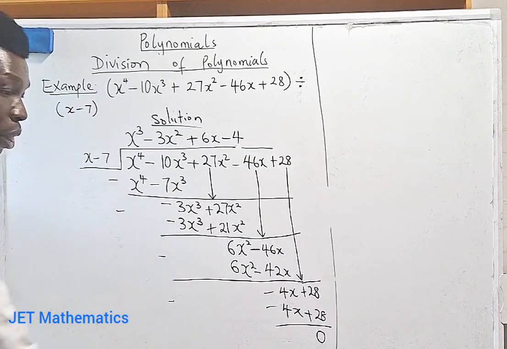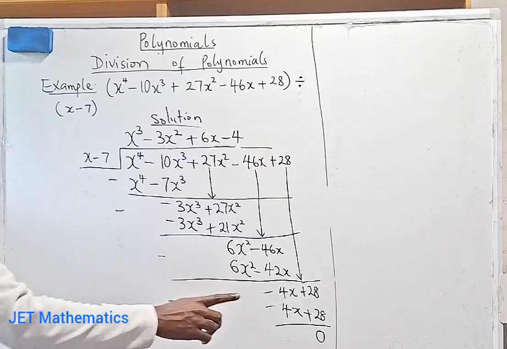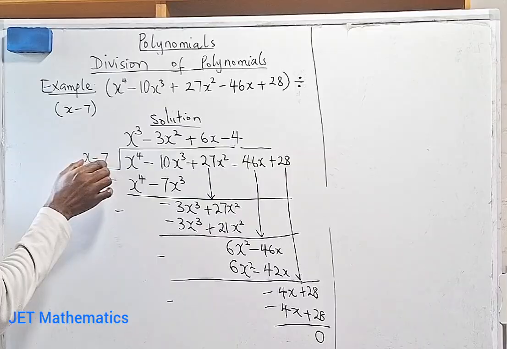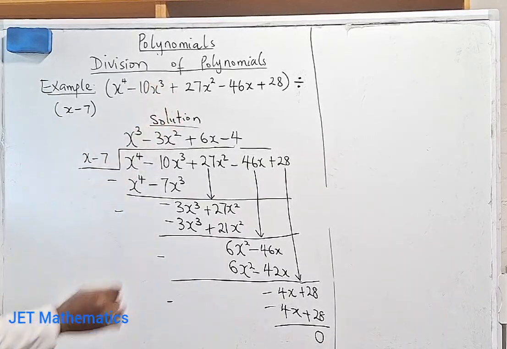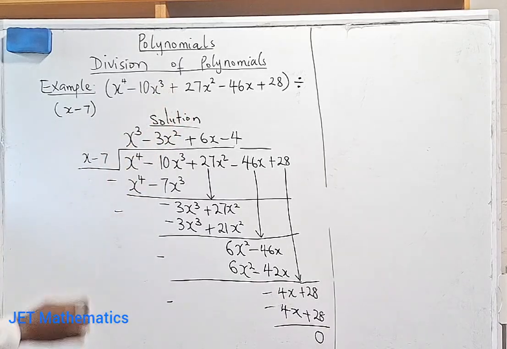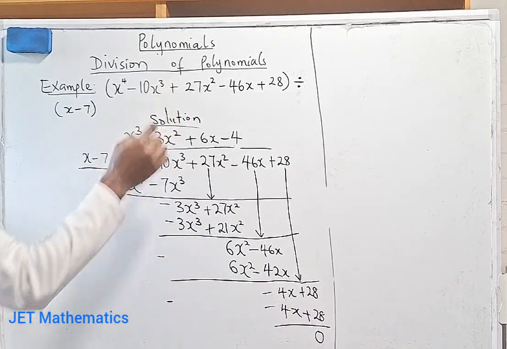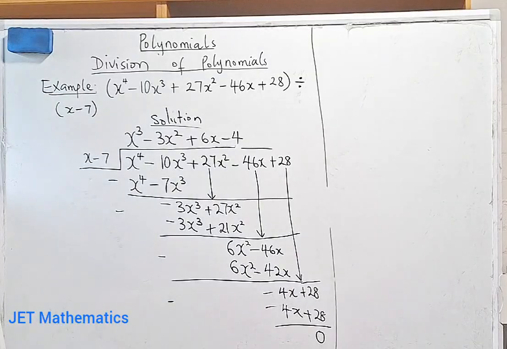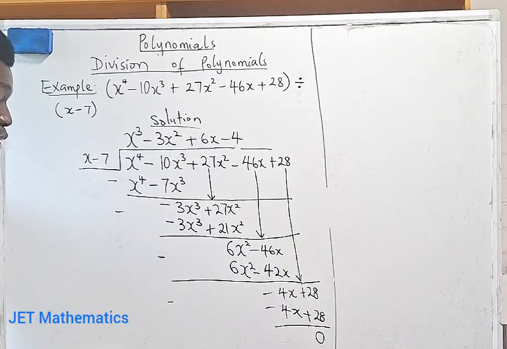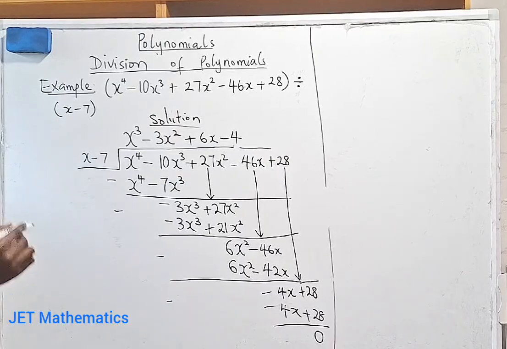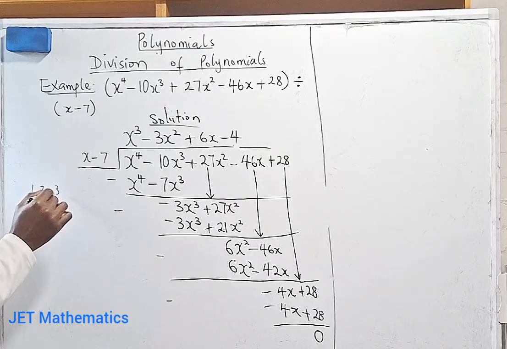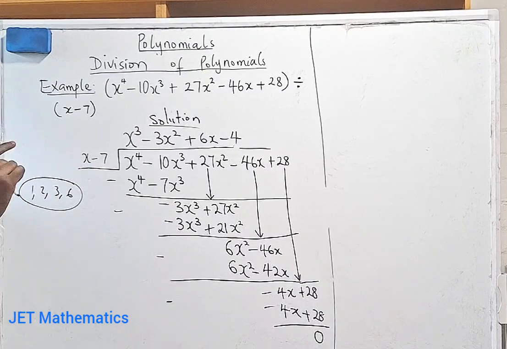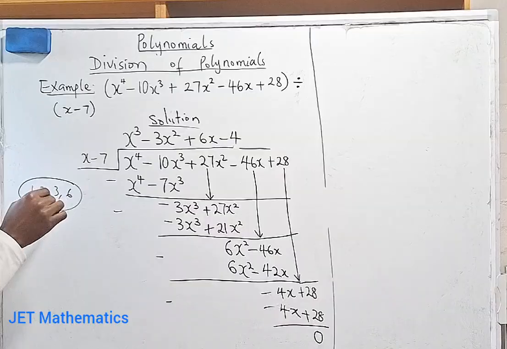Having 0 at the end implies that this is a factor of this polynomial. x minus 7 is a factor of this polynomial because it's leaving us a remainder of 0. Remember, in your normal division, if we ask what are the factors of 6, you know, 1, 2, 3, and 6. All these numbers can divide 6 without leaving a remainder, and that's why they are all factors of 6.